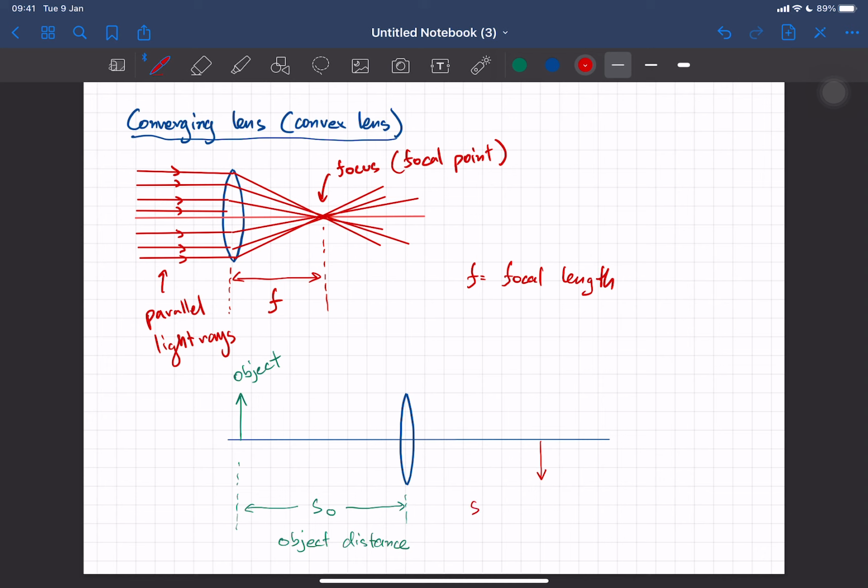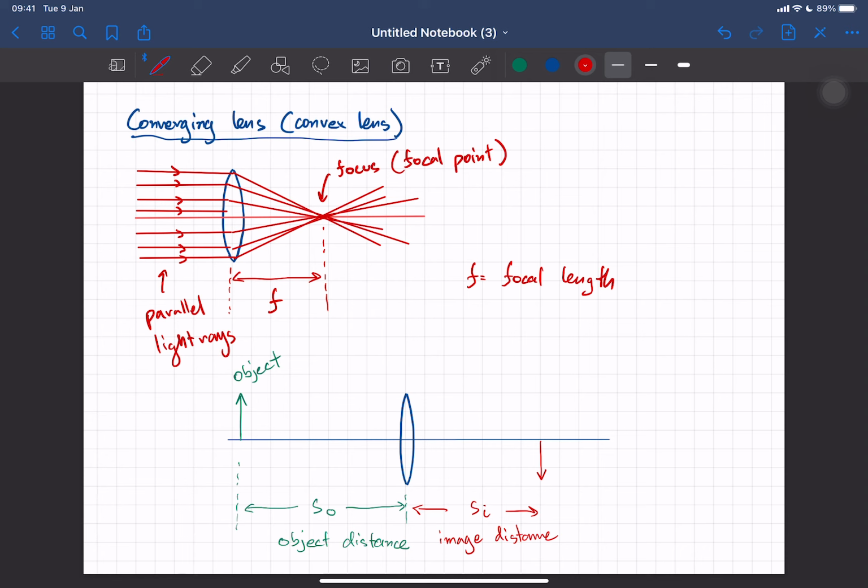And this is called SI, which is the image distance. And we want to know the relation between SO and SI. Okay, so that's kind of like the goal here.